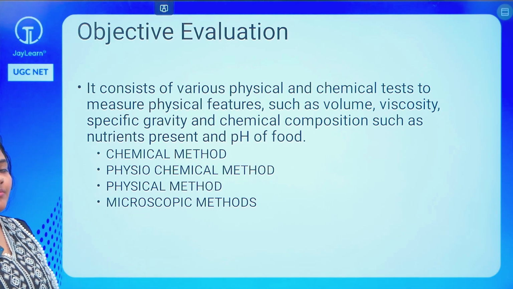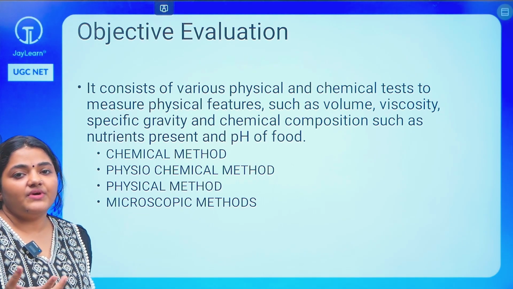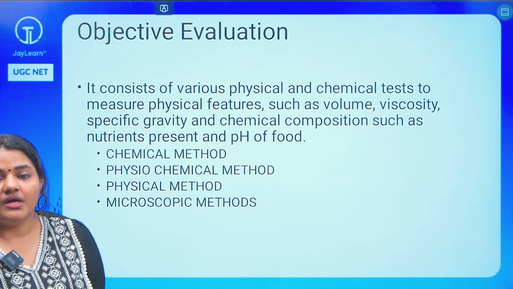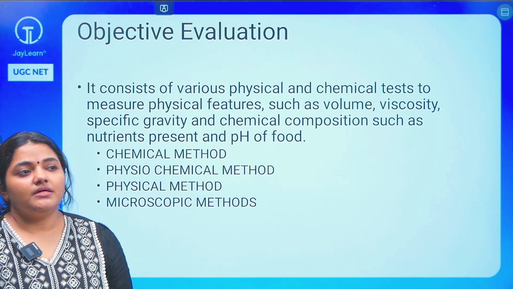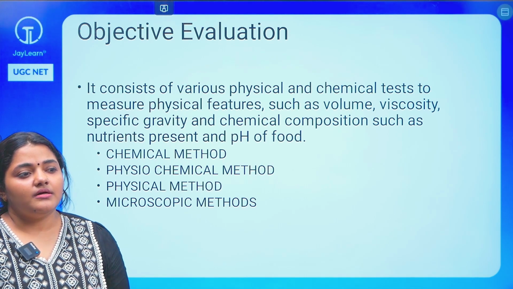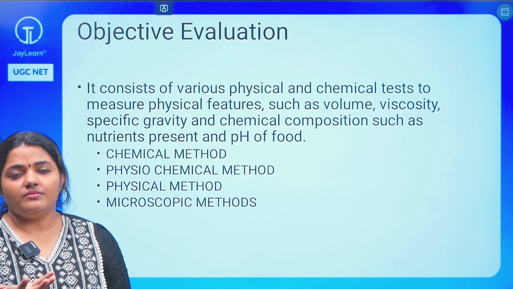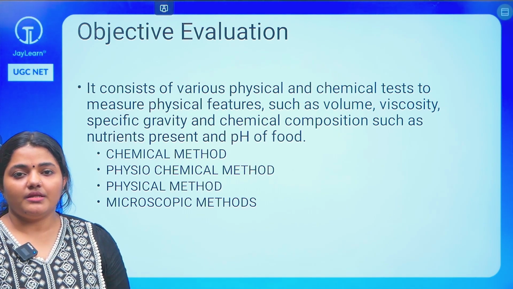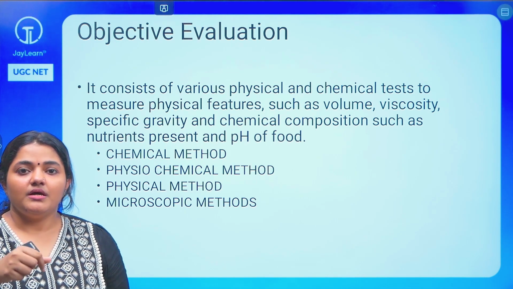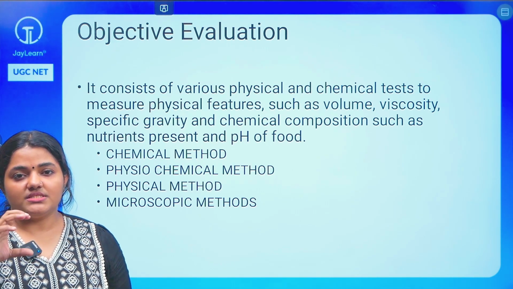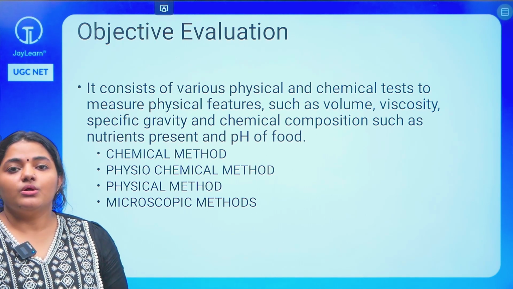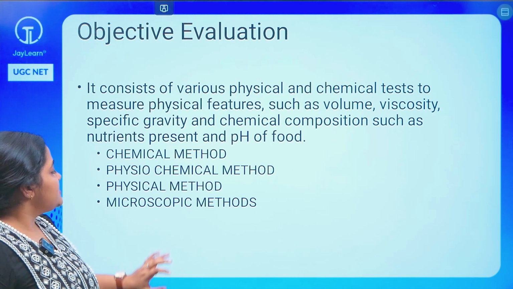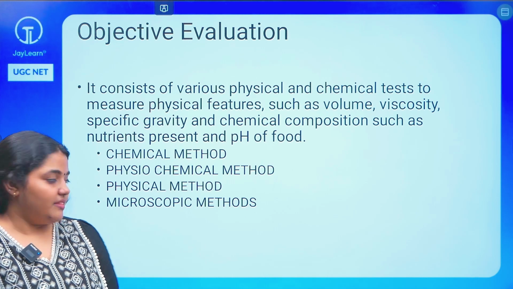Second one is physical methods, where we find out the physical property of the food, like the texture, viscosity. With a penetrometer you'll be able to find out if the food is soft or not, if the food is having good rigidity. All those things we'll be able to find out. Such kind of method is known as physical method.